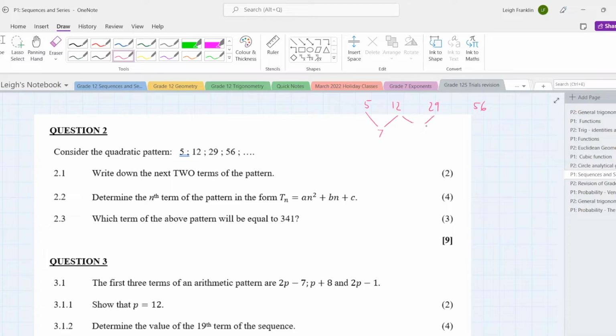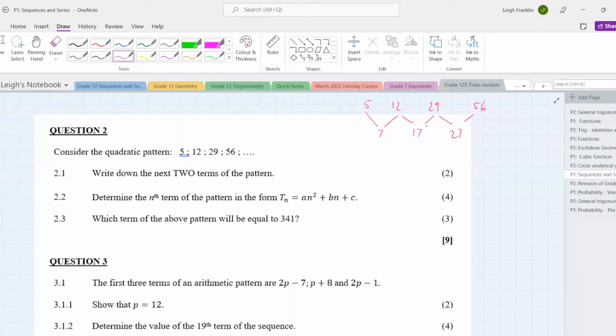Then term 3 minus term 2 is 17. Then term 4 minus term 3 gives us 27. So we can see that it's going up by 7, then 10 more than 7, then 20 more than 7. So the next one would have to be 56 plus 37.